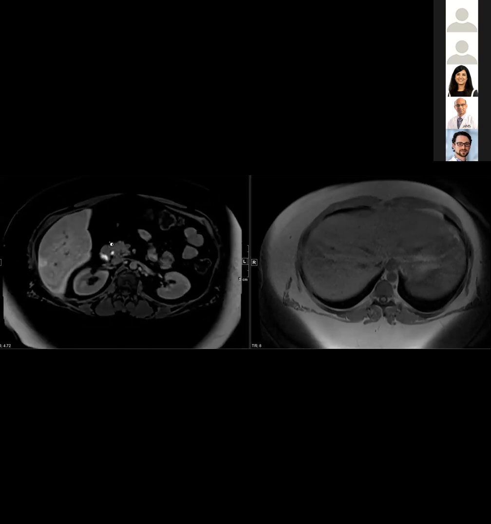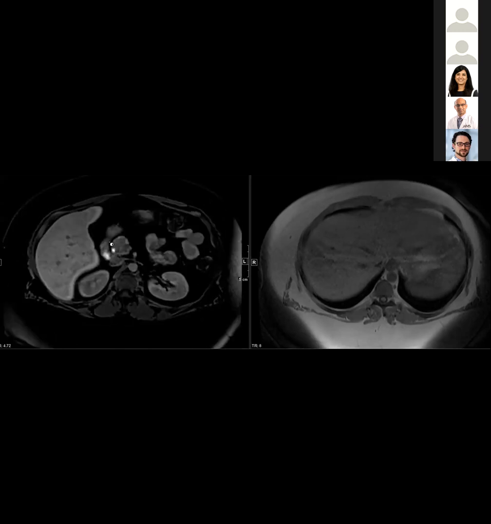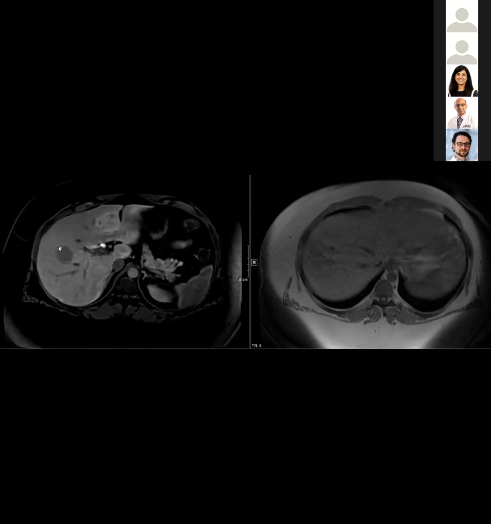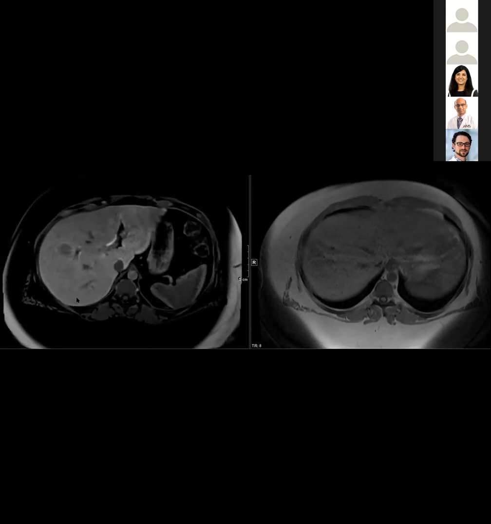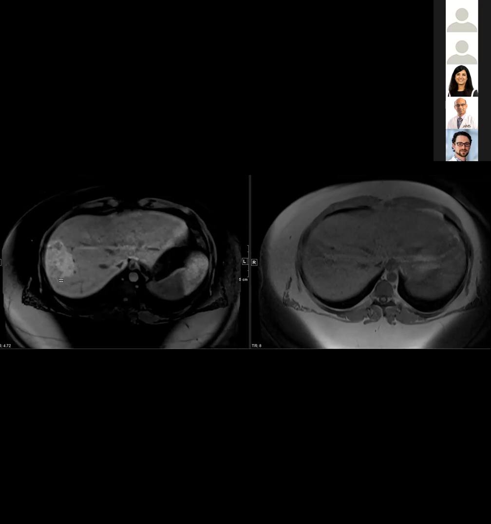The interesting part of this patient is how to handle these, because I think this one was like 6 centimeters, something like that. And so once the adenomas get this big, they need to be treated, either resected or embolized, for the fear of bleeding, particularly if the patient is planning on getting pregnant. On top of the whole thing, patients should stop OCP.